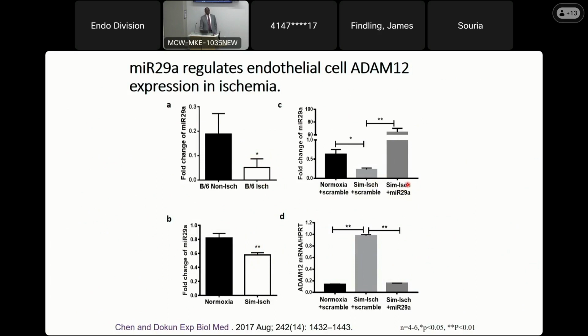If you then force expression of miR29, you see impaired ADAM12 upregulation. This is just the controls where ADAM12 normally gets upregulated robustly, as you see here, in the setting of decreased miR29 expression in the ischemic tissue or in the ischemic endothelial cell. Okay.